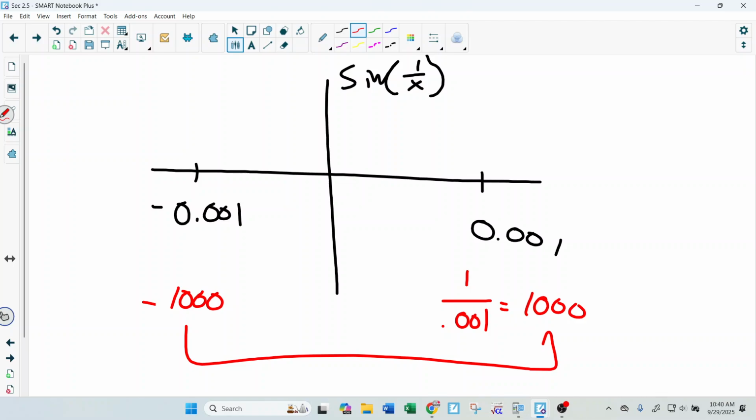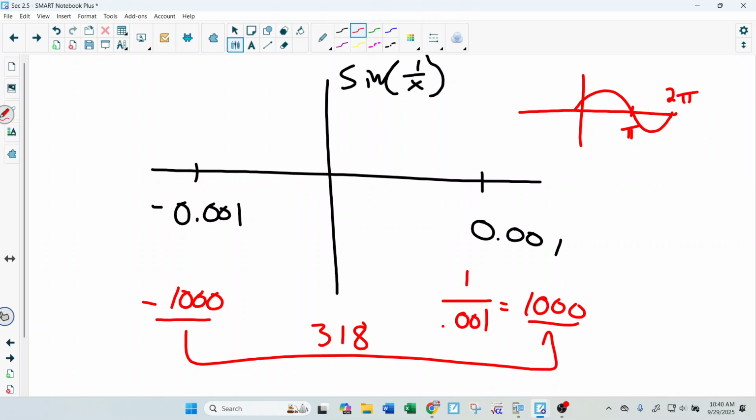It's like 2 pi, right? So our normal sine curve looks like that, right? Now, between -1,000 and 1,000, we have 318 sine curves.